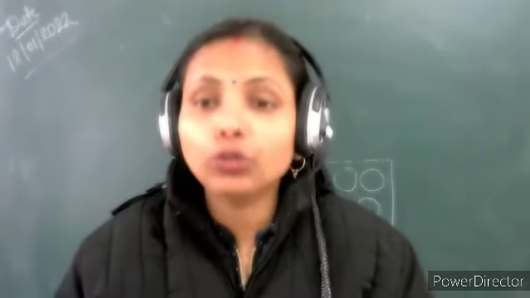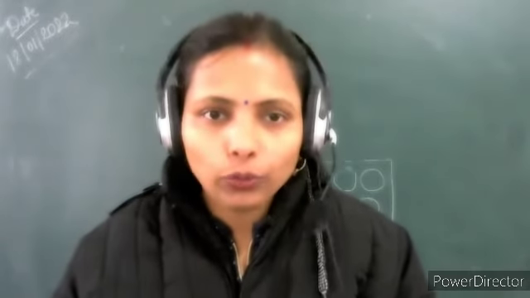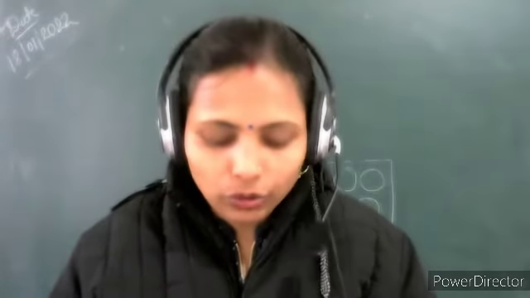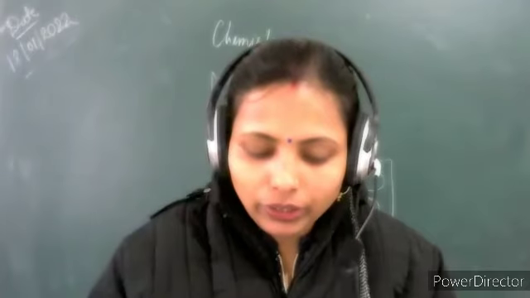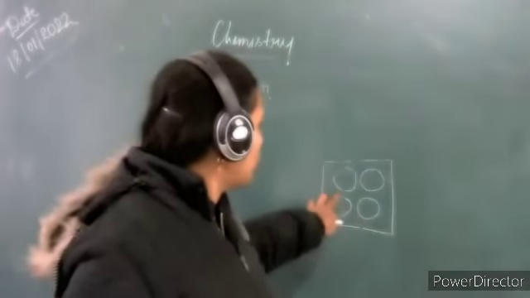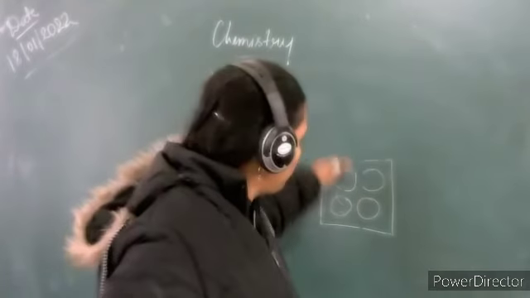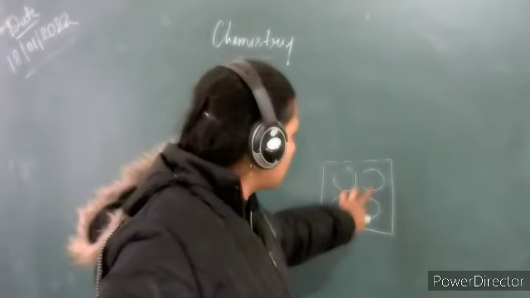Liquids have a tendency to flow. If you put liquid anywhere, it can easily flow. Why does it flow? Because, as we have said, there is sufficient intermolecular space. So when you keep liquid anywhere, the molecules can easily move.